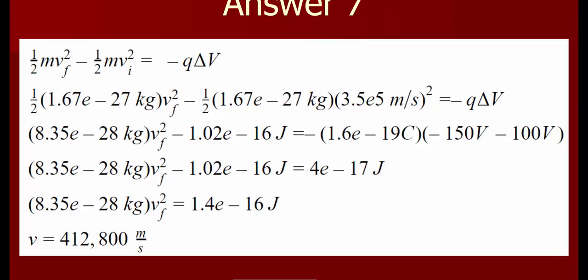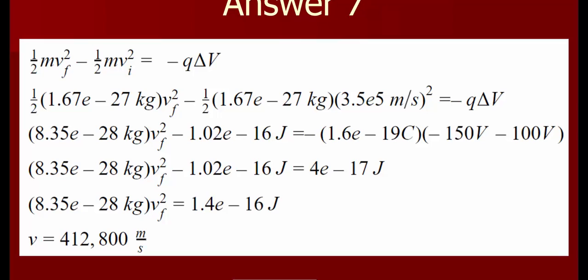So we get all this stuff going on here. So here I went ahead and calculated the initial kinetic energy. And so we get negative the charge on a proton, final voltage minus initial. Just be careful here, because you're going to do negative 150 minus 100, which is negative 250. And then this negative will cancel, right?